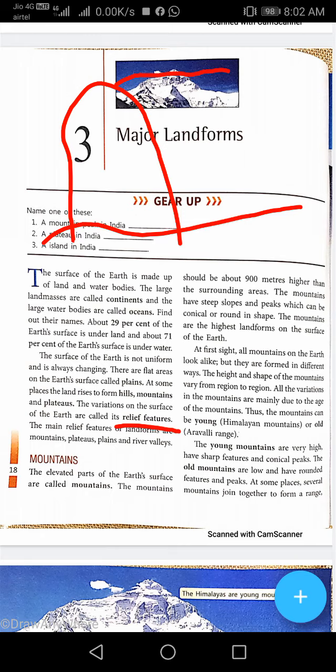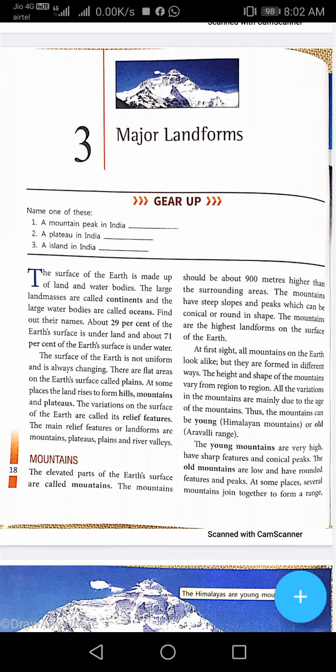Now the height and shape of mountains vary from region to region. Not every mountain is as high as Mount Everest, the highest peak. All the variations in the mountains are mainly due to the age of the mountains.